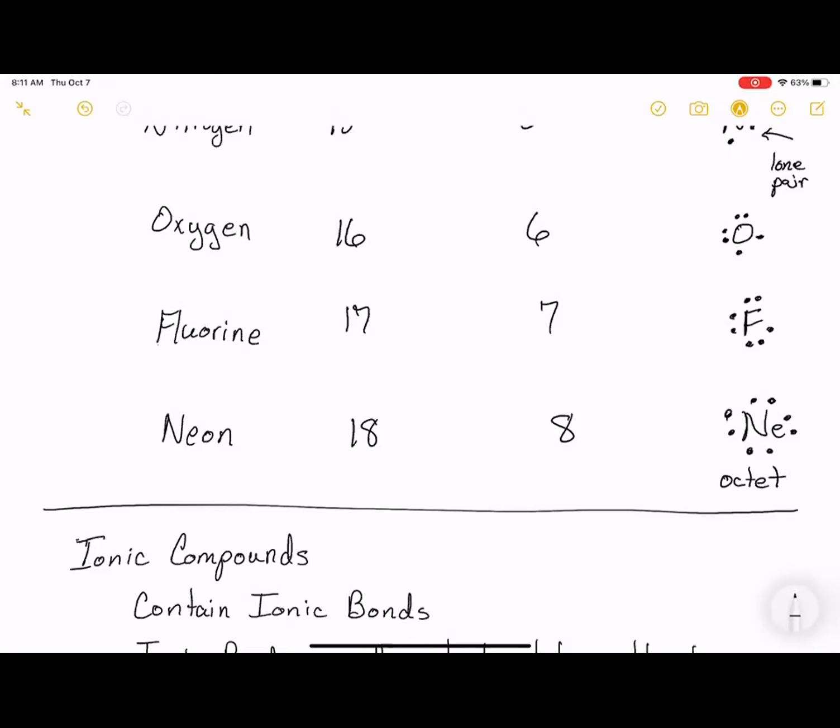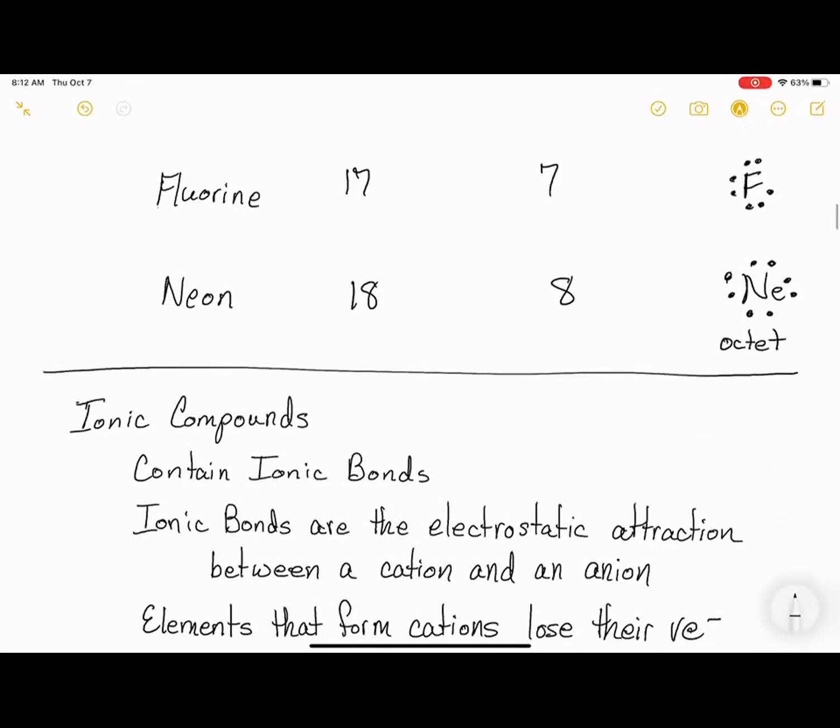Whether we're talking about an ionic compound or whether we're talking about a covalent molecule, our goal is to get our atoms to the nearest octet or to the nearest noble gas configuration. So that is all there is to developing the Lewis dot structure for an atom of an element. You figure out the number of valence electrons and you put 1 dot around each side and then pair them up.